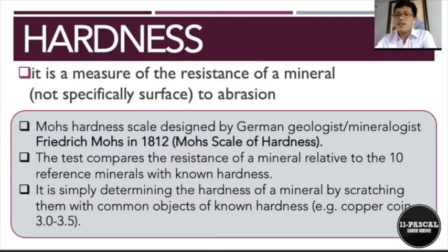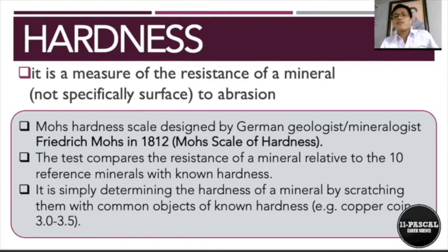Geologists use a standard hardness scale called the Mohs scale to test the hardness. It consists of 10 minerals arranged in order, from 10 being the hardest to 1 being the softest. The Mohs hardness scale was designed by the German mineralogist Friedrich Mohs in 1812. That's why it's called the Mohs scale of hardness.